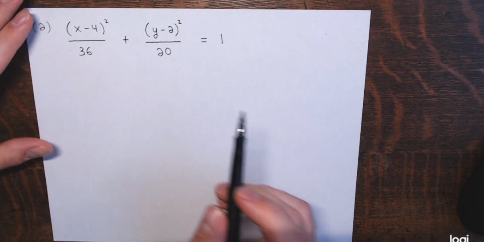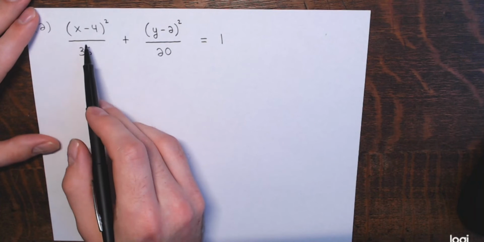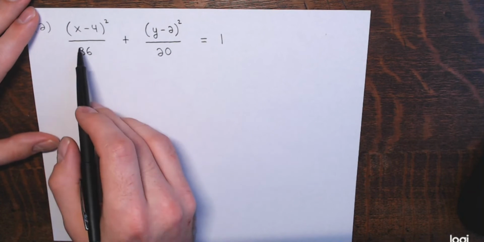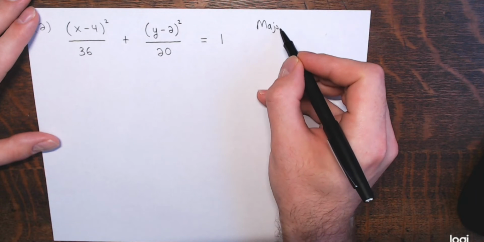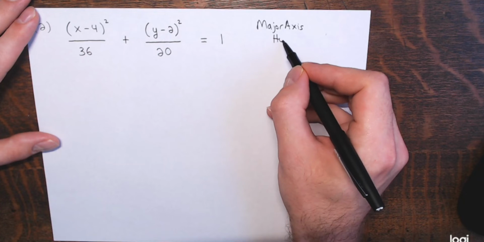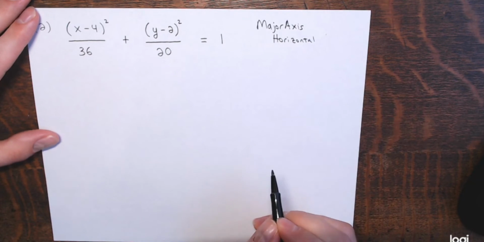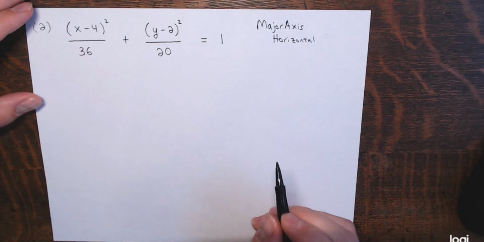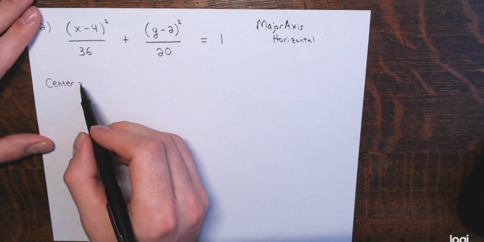All right, so this one, see the larger denominator is under the x term, 36 and 20. So this one's going to have a major axis that's horizontal. The major axis is horizontal, or you would say the major axis will be parallel to the x-axis. Now the center is easy enough, that value of h and k.